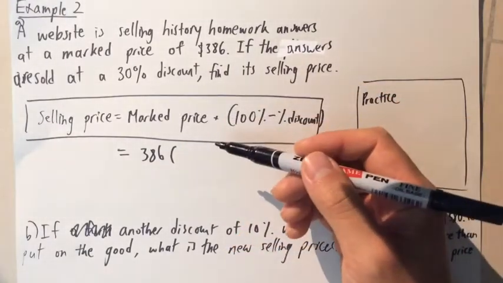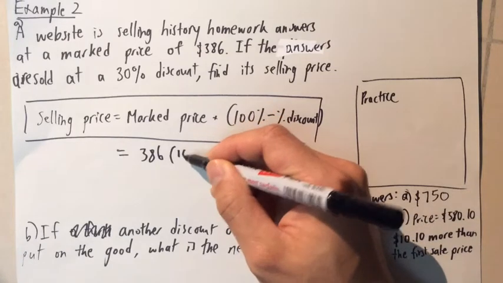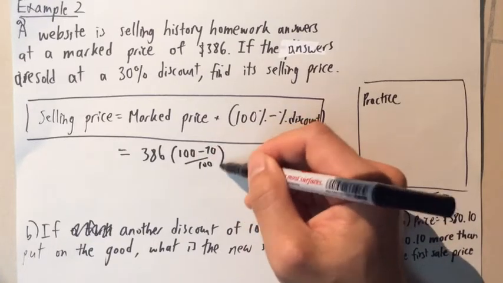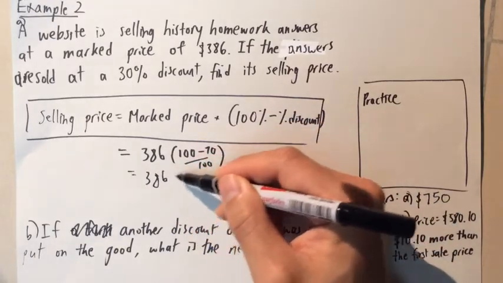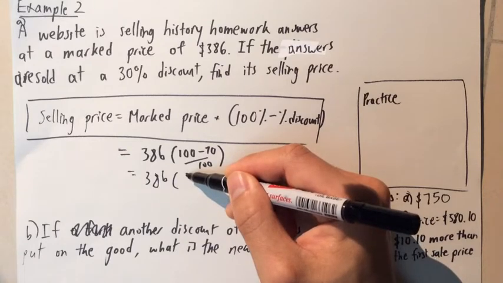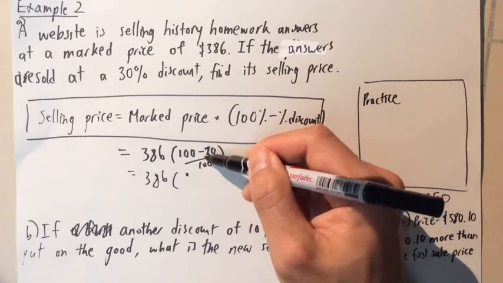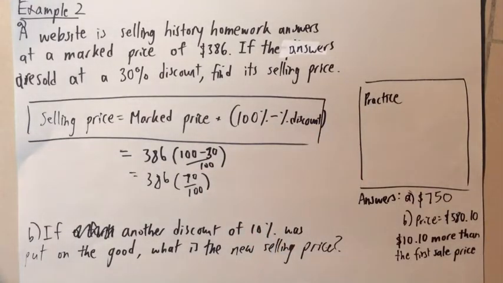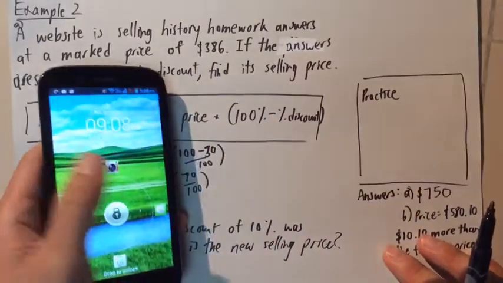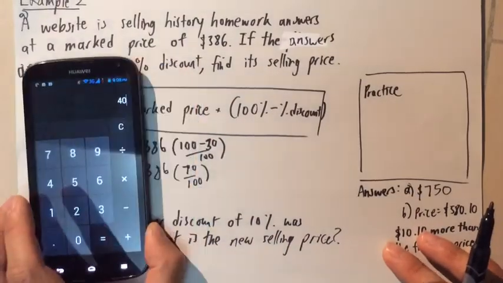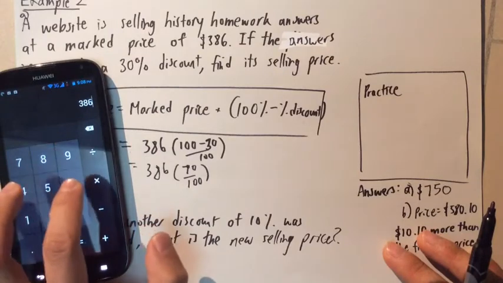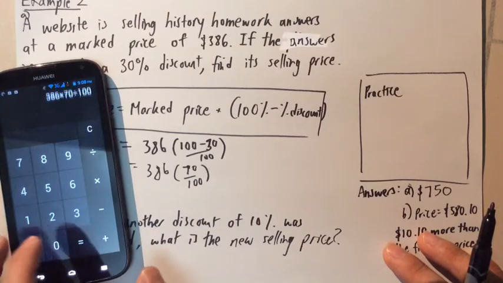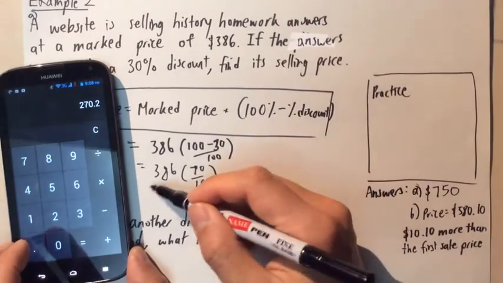So it's a 30% discount, so 100 minus 30 gives us 70 over 100. So it's 386 times 70 over 100. And if we take out our calculator, we'll find that 386 times 70 divided by 100 gives us $270.20.